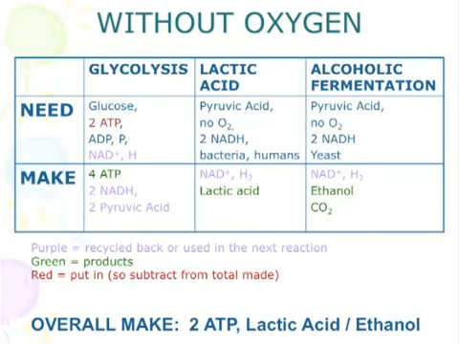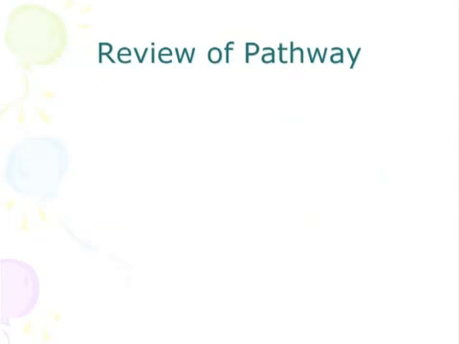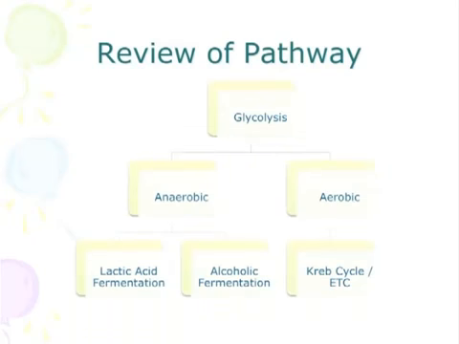So this sums up all of glycolysis and fermentation. So basically, cell respiration without oxygen. It is not very efficient because you only make 2 ATP, but 2 ATP is better than 0. So this just gives you a review of the pathway that we started off in the beginning.